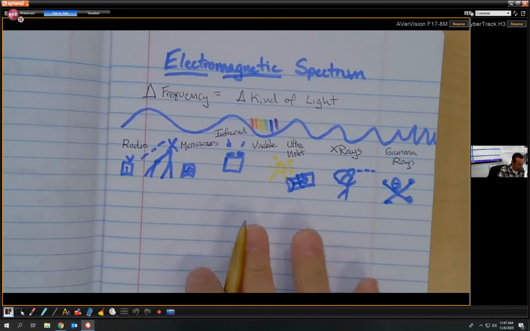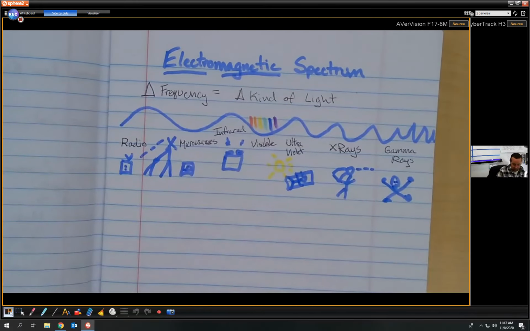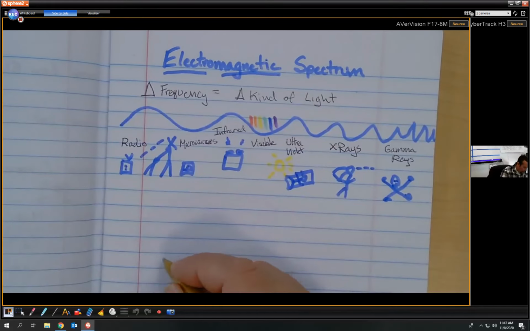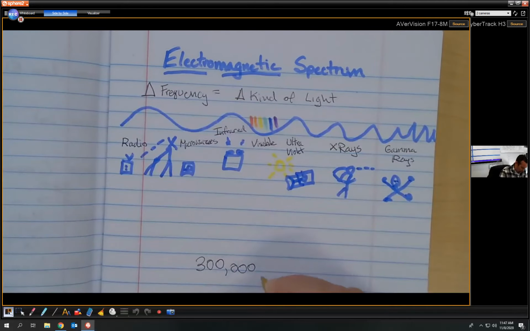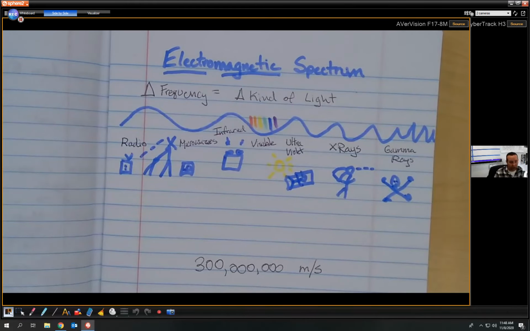Now, what's interesting about all of this is light is always traveling at the speed of light, so that's about 300 million meters per second. And that's pretty much a constant. It can go a little slower if something's in its way, but generally this is about its constant speed for all of these waves. Now some of you might be wondering, well, how big are these waves?